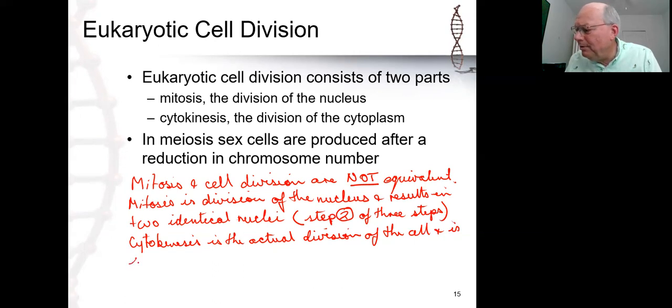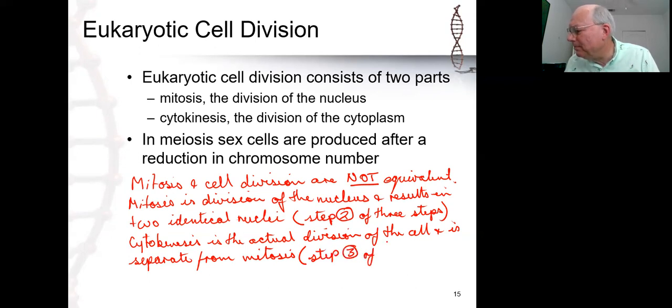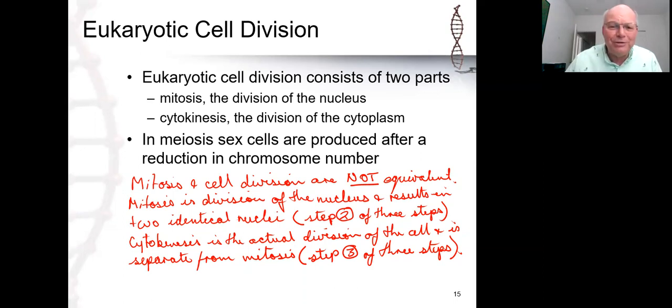And it is separate from mitosis. And it's actually step 3 of the 3 steps. So obviously what's missing is step one, and we know that step one has to precede the division process because it's the duplication or the copying of the DNA, and we'll see where that takes place in a moment.